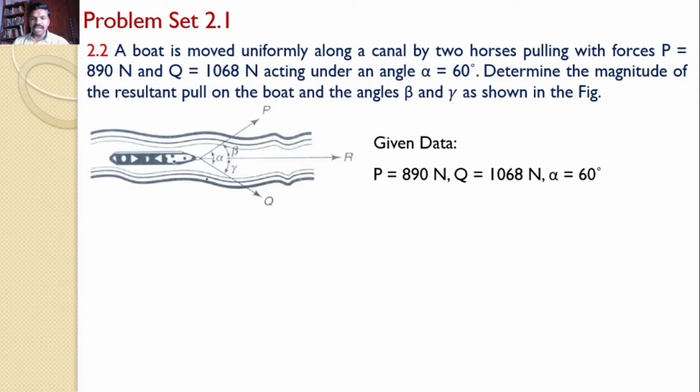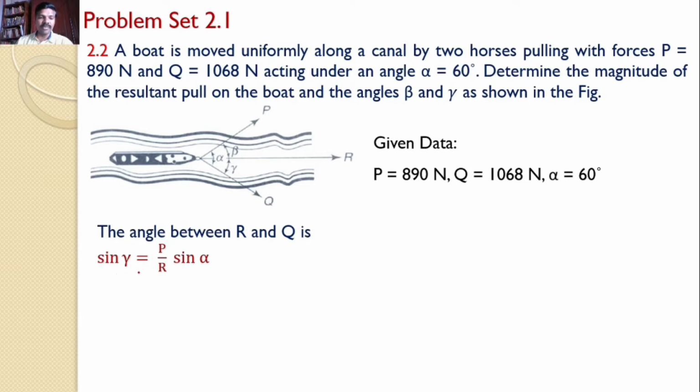Similarly, we know the other formula that the angle between R and Q, let it be gamma, is given by sine gamma is equal to P by R into sine alpha. P value is given, R value we calculated, alpha value is also given. Upon substituting those values, sine gamma is equal to 890 by 1698 into sine 60.